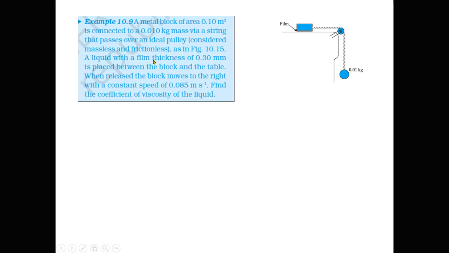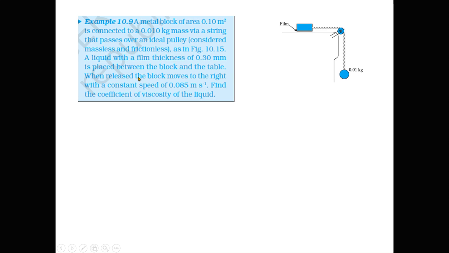A liquid with a film thickness of 0.030 millimeter is placed between the block and the table. So the depth or thickness of the liquid between the block and the table is 0.030 millimeter.